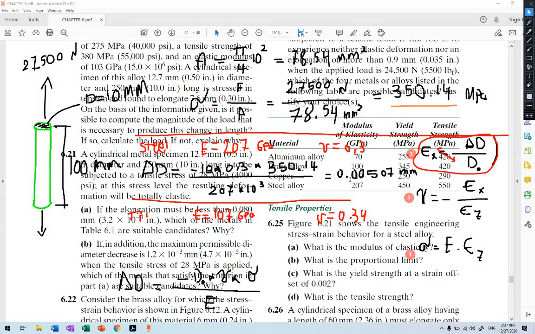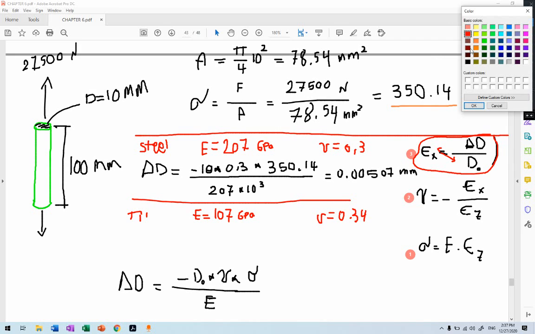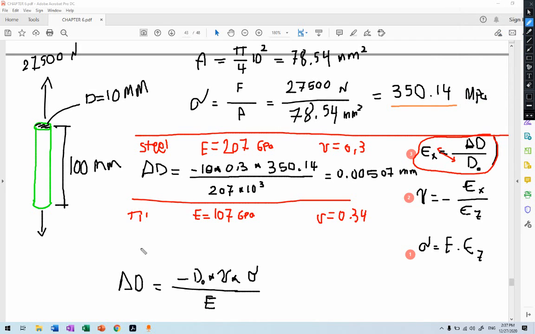We're going to use the same equation, since it's a general equation, so we'll be able to find delta D also for titanium. By the way, there is a minus here, that minus is reduction.